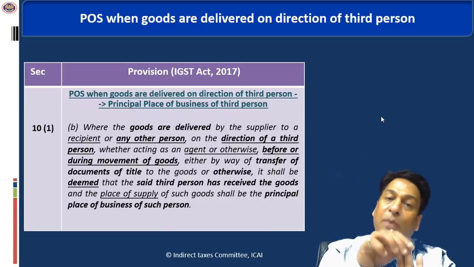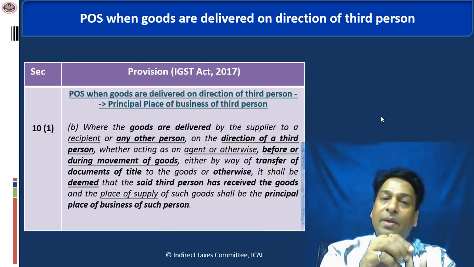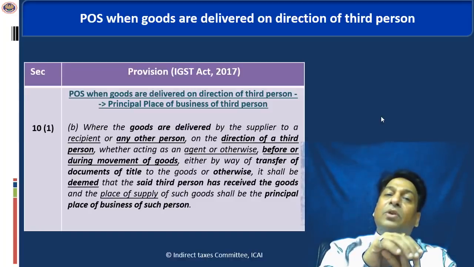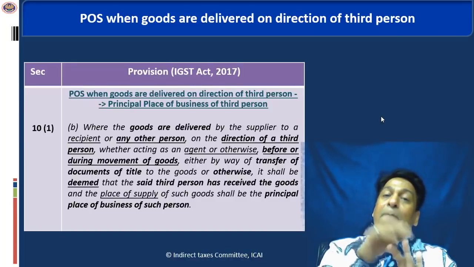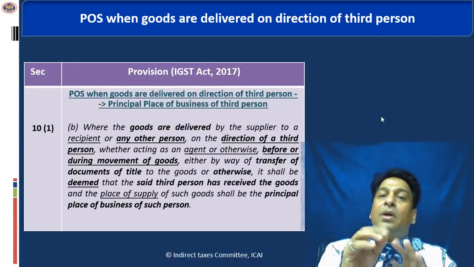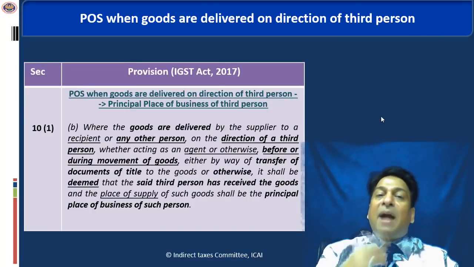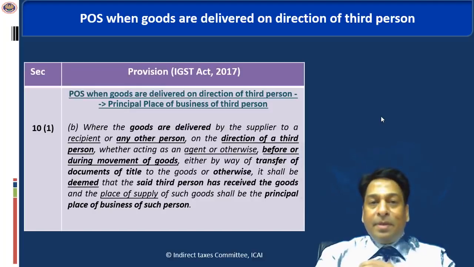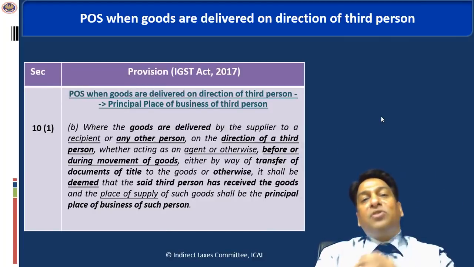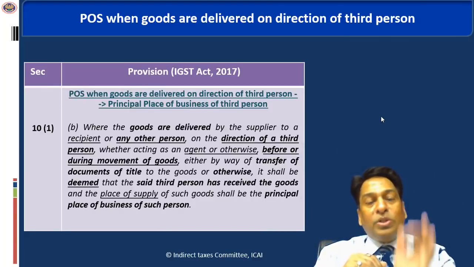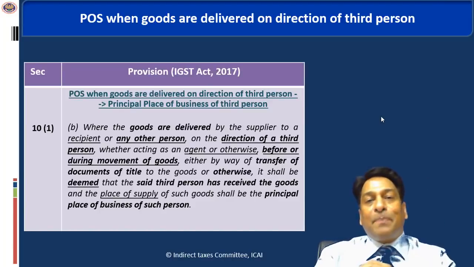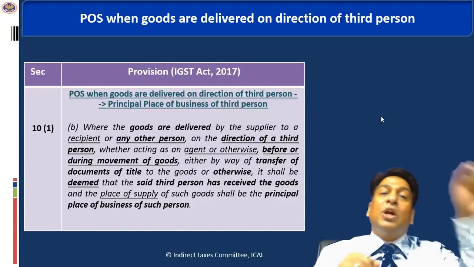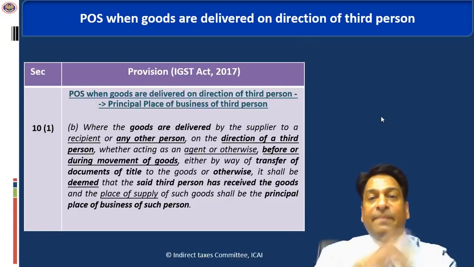At the instruction of B, the intermediary, goods are being delivered to the customer by the supplier. Let's assume A is the supplier, B is the intermediary, whose instructions are given to the supplier for supply of goods to the ultimate customer C.